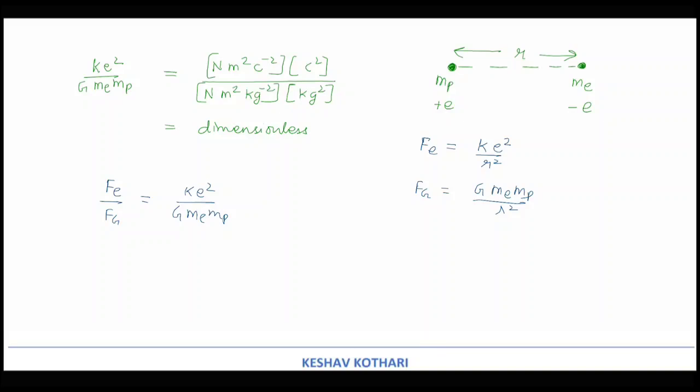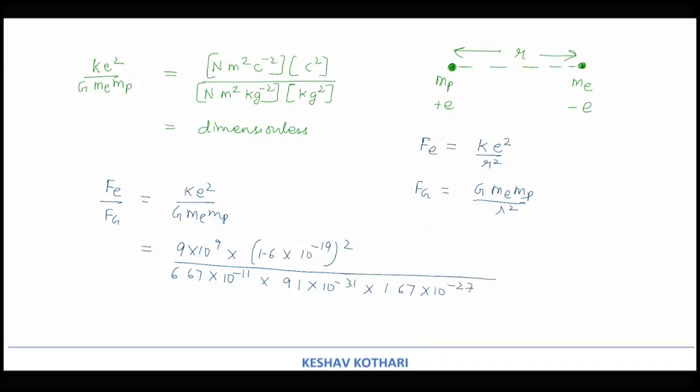So if we calculate this value, that is the ratio of the electrostatic force to the gravitational force, we can calculate it as 9 into 10 to the power 9 into 1.6 into 10 to the power minus 19 whole square, upon 6.67 into 10 to the power minus 11 into 9.1 into 10 to the power minus 31 kg, which is the mass of the electron, followed by 1.67 into 10 to the power minus 27 kg, which is the mass of a proton.